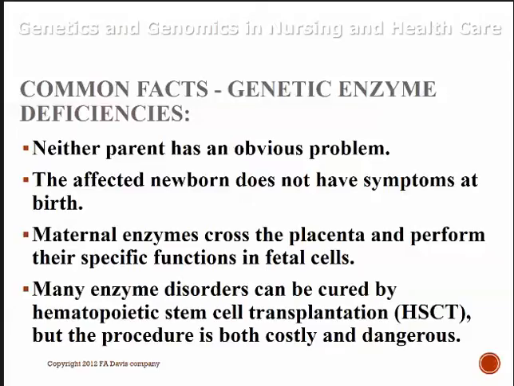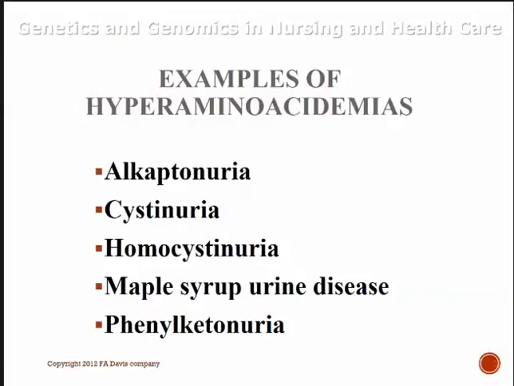Many enzyme disorders can be cured by hematopoietic stem cell transplantation. So HSCT will be that abbreviation throughout the slideshow here. This procedure is costly and dangerous, as you might imagine. Examples of hyperaminoacidemias: alkaptonuria, cystinuria, homocystinuria, maple syrup urine disease, and phenylketonuria.